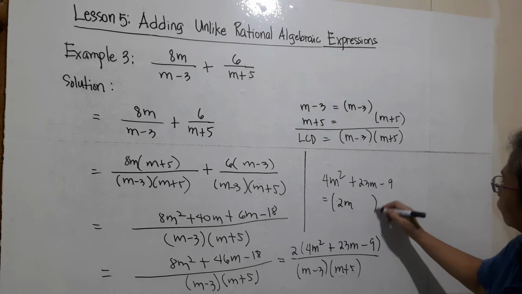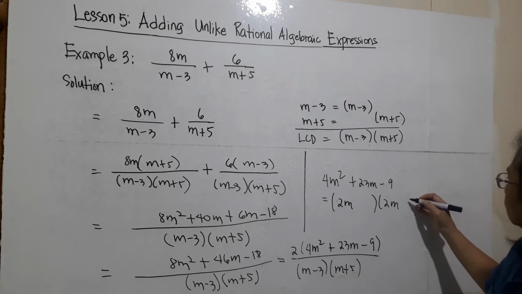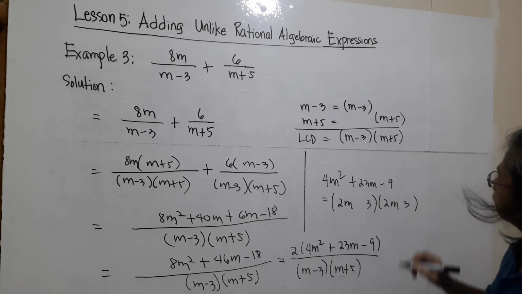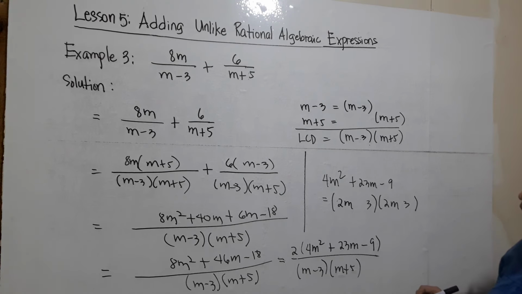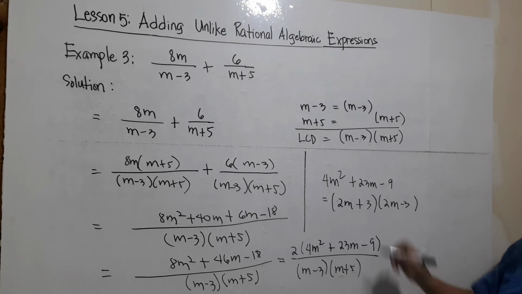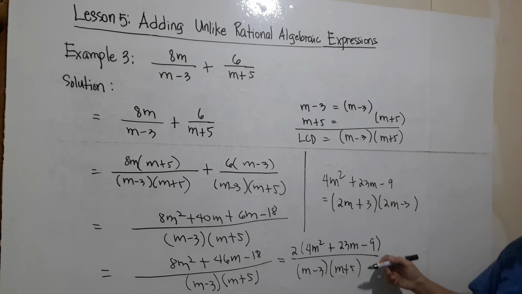2m times 2m. So here we have 3 and 3, plus and minus, so we can get 9. I doubt if we can get 23 for the middle term.